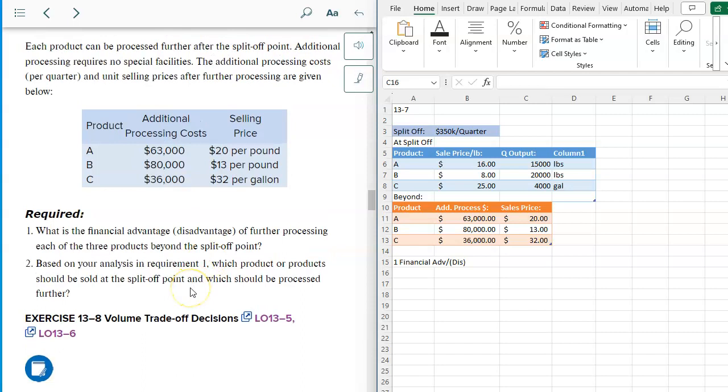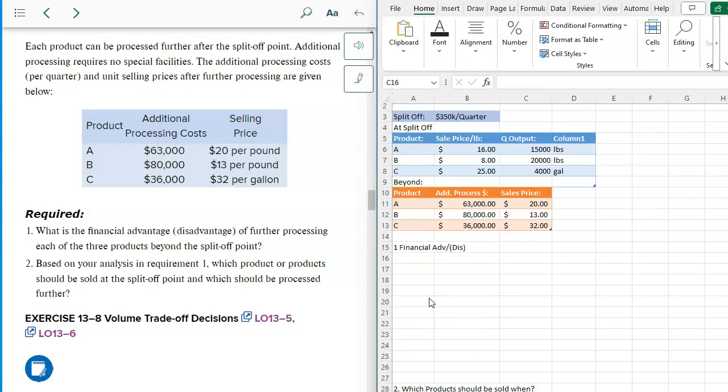Okay, so question 1, what is the financial advantage or disadvantage of further processing each of the 3 products beyond the split-off point? So we can come in here, and usually it's easier. We'll leave that one blank, and then we'll do one for product A. We'll make a table.